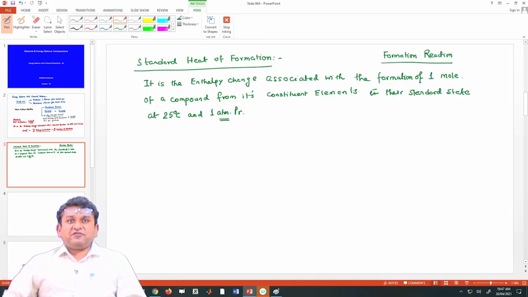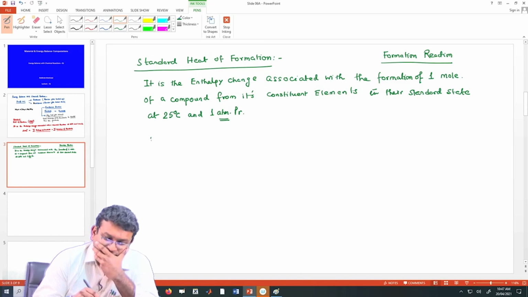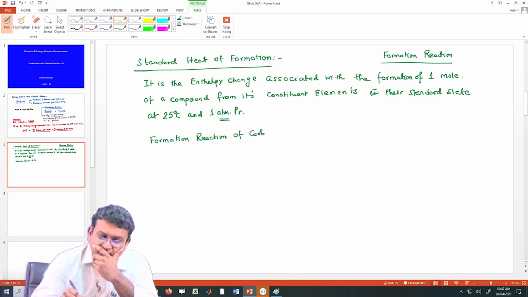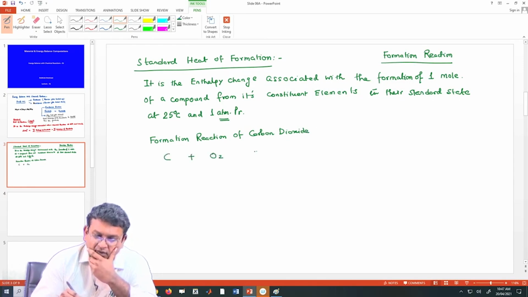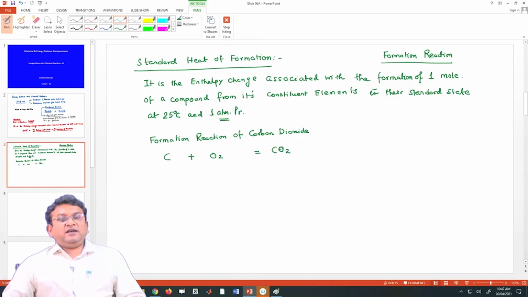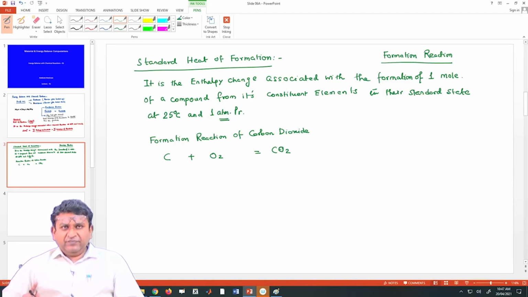The formation reaction of carbon dioxide, for example. Typically, we will write this and say, yes, of course, carbon plus oxygen, carbon dioxide is getting generated. But remember, if you write this equation only, this is not the appropriate formation reaction.